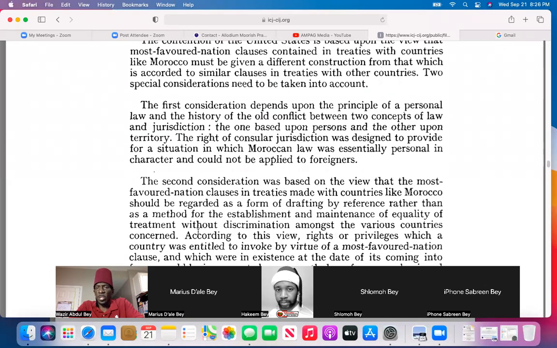The first consideration depends upon the principle of a personal law and the history of the old conflict between two concepts of law and jurisdiction, the one based upon persons and the other upon territory. The right of consular jurisdiction was designed to provide for a situation in which Moroccan law was essentially personal in character and could not be applied to foreigners.